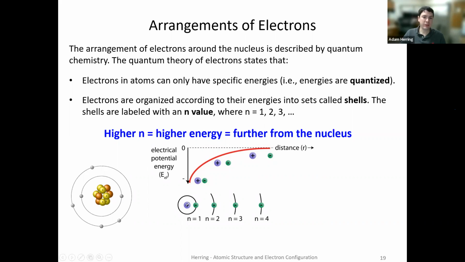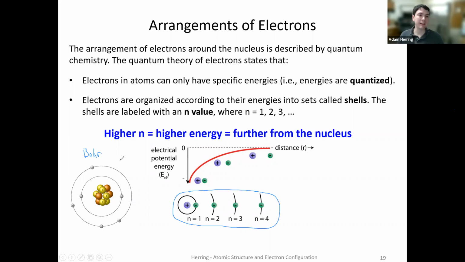There are two depictions of this scenario here. This one is looking at a single electron going between the different shells. And we can see that the farther away it is, the higher the energy is. On the left, we have what is referred to as the Bohr model, B-O-H-R, named after Niels Bohr.